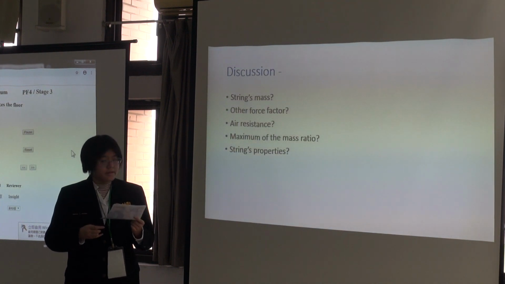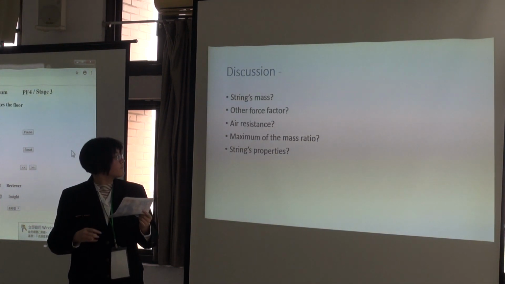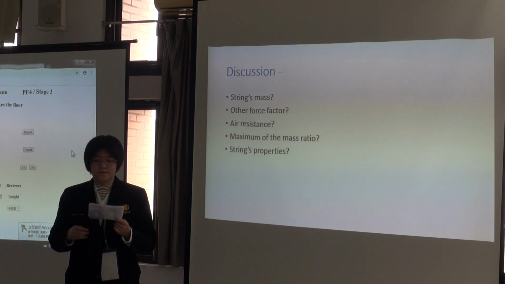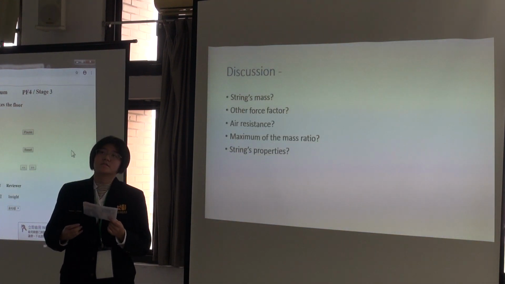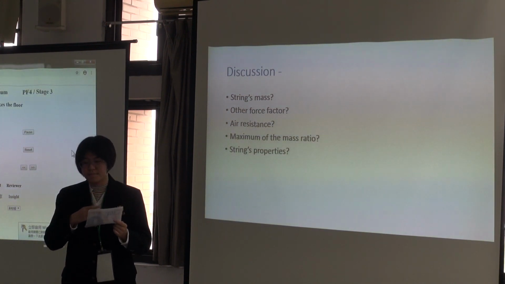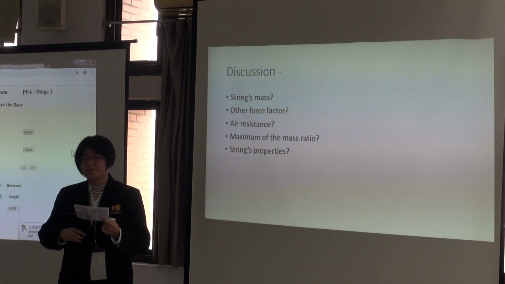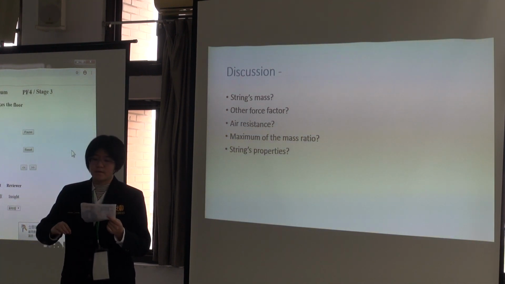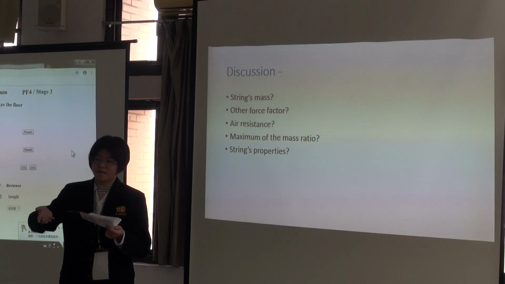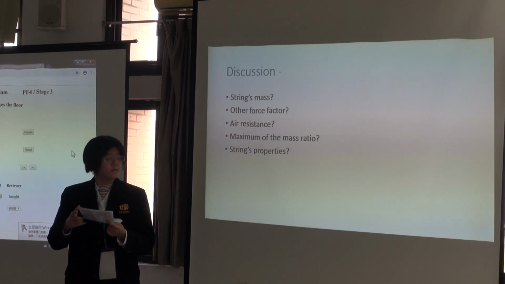And they have calculated the minimum of the mass ratio, and there should be a maximum too, and then we will know the range between the maximum and the minimum in the experiment.